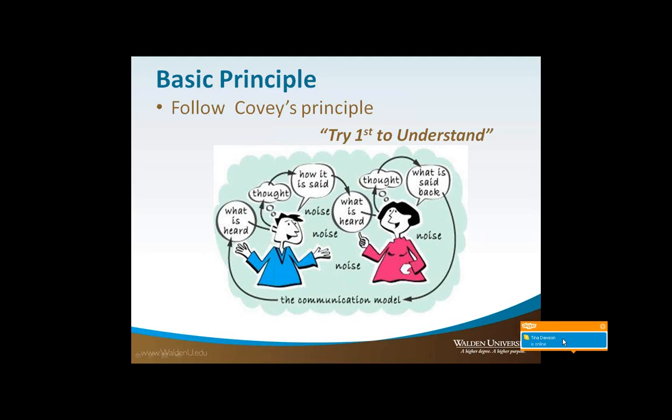Communication is both hearing and interpreting, but it's also sending. So you have to send a message, it has to go through some ether, it has to be received, it has to be interpreted. And at any of those points, it can be misinterpreted. I think that is something to keep in mind.